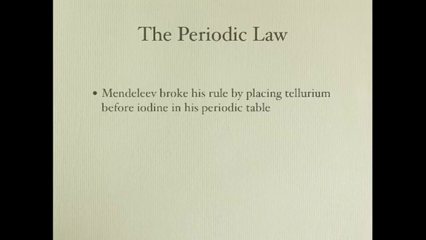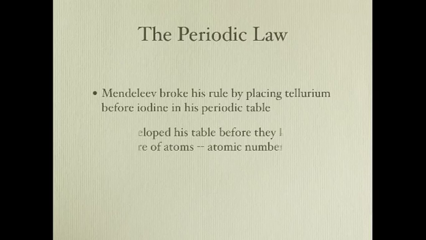When he was putting these together, he had a couple of them, tellurium and iodine, that didn't really follow if he followed the atomic mass. So he actually put them out of order, in a different order. He matched them up more by properties than by the masses themselves. And when it comes to the modern table, that's exactly how we did it. All of this was done before they knew the idea of the atomic number.